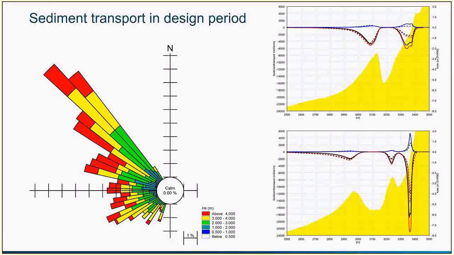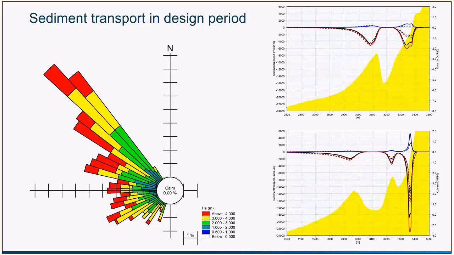select a series of storms that are illustrated here on the wave roses. So we can see it's a very severe wave climate, but that was a trick in order to be able to simulate yearly sediment transport in a shorter period in order to speed up the computational time. On the littoral drift calculations, we can see the averaged yearly transport in solid lines, and the dotted line is the model results.